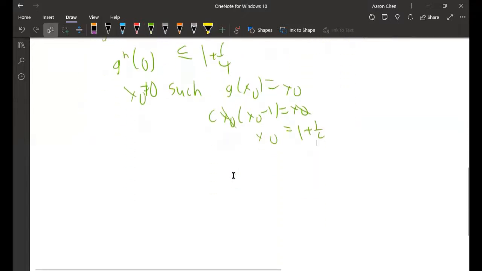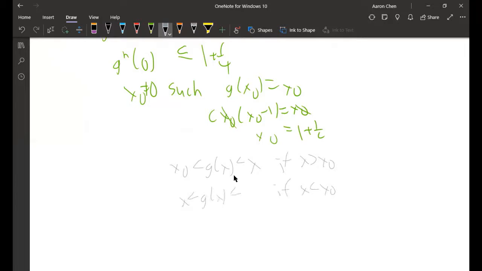Now after this, what we have is that g of x is between x0 and x. This is true if x is greater than x0, and otherwise if x is less than x0, then x is less than g of x is less than x0.